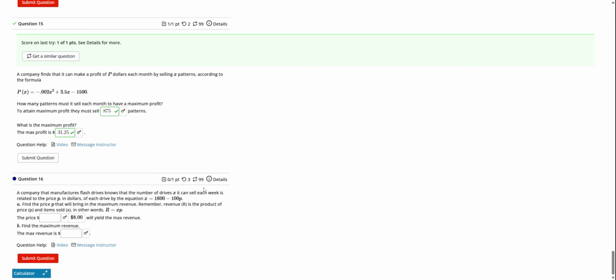Well, where the p's are, you're going to put X. So 1600x minus 100x squared. And then you're going to hit home. Aha. And we're going to scroll out and up and up and up. Whoops. And it's a pain in the butt.